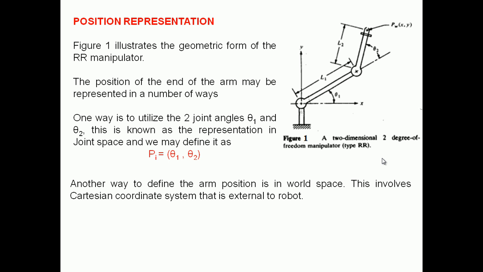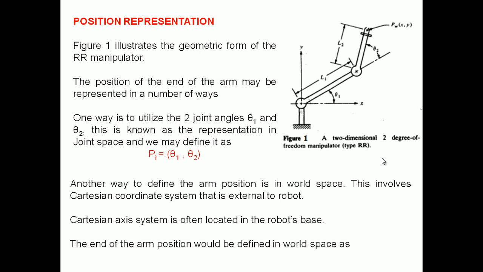This involves a Cartesian coordinate system, which is external to the robot. The Cartesian axis system is often located in the robot space. The end of the arm position would be defined in world space as PW (x, y), which is related to the Cartesian. Pi is related to θ1, θ2. These are the two ways we are representing the position of the end of the robot arm. Further we will see in detail.